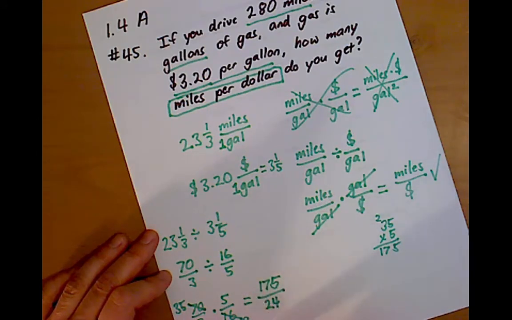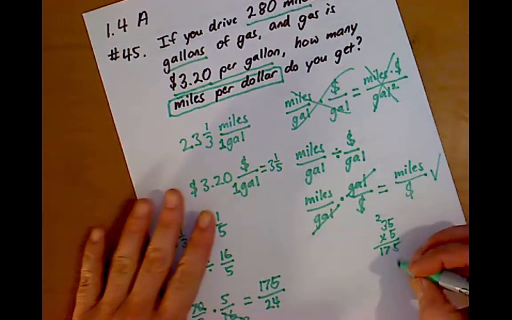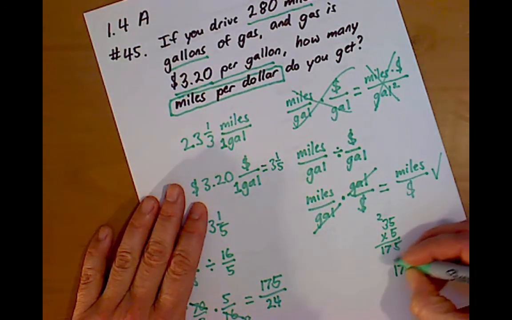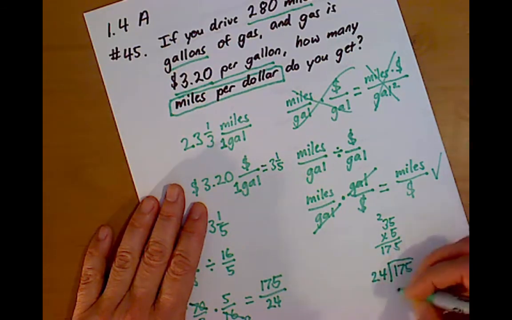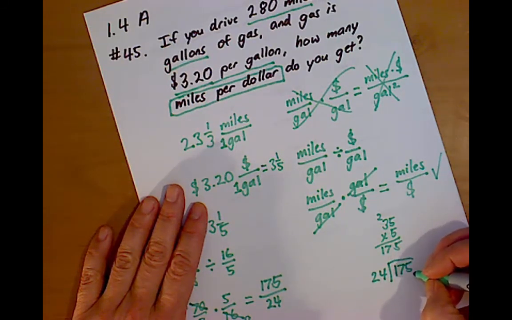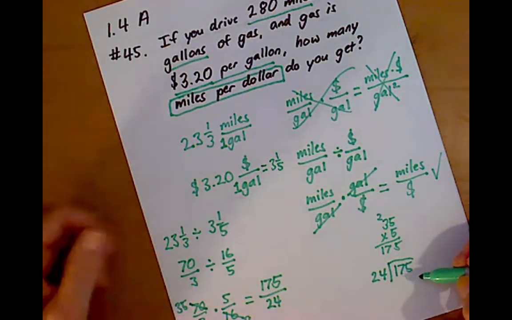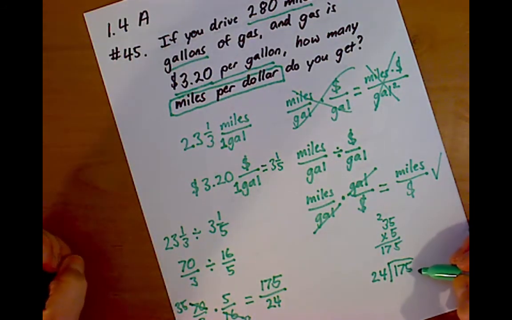This is an improper fraction, so we're going to make it into a mixed number so we can see really what's going on here. So we're going to take 175 divided by 24. Let's see. It's almost close to 25. 25 would go into 100 4 times and 75 3 times.